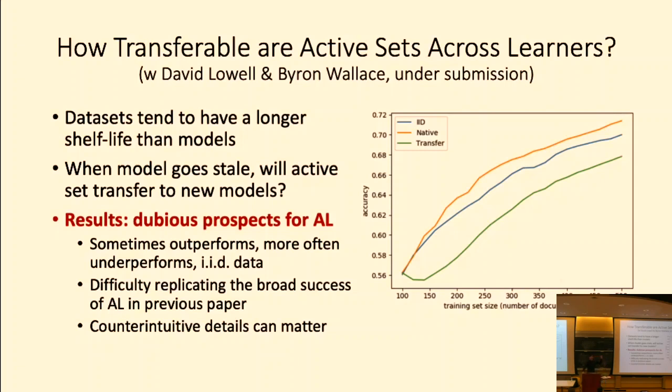And the weirdest thing is that in this process of putting together this model by model, acquisition by successor matrix, all the diagonal entries there are what you should get from vanilla active learning. And two things happened. One, we found you did much worse when you used foreign data versus native data. But the more troubling thing is we found even the diagonal entries weren't appreciably better than IID learning.